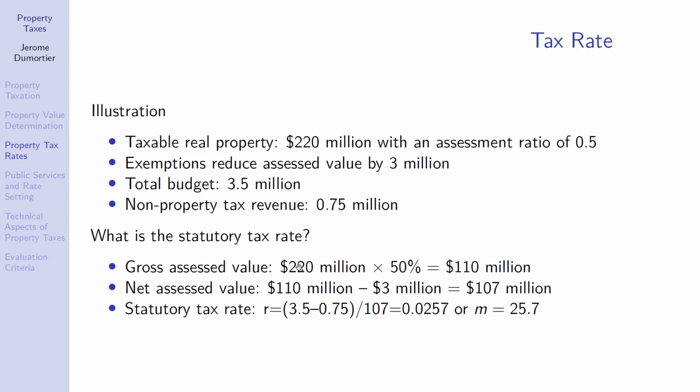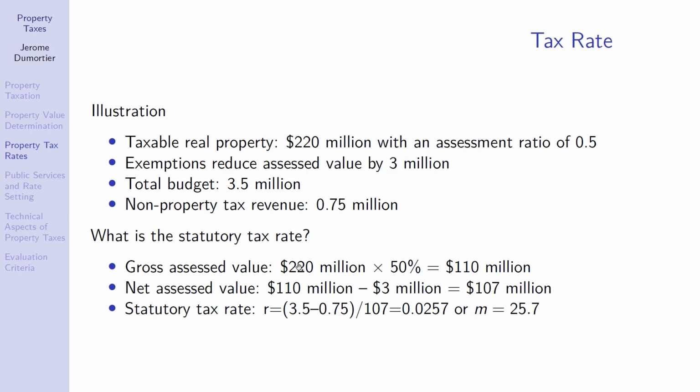Suppose that the assessment ratio is 0.5 and that there are in total about $3 million of exemptions. The total budget is $3.5 million and you have non-property tax revenue of $0.75 million. So what this means is that the tax that you are imposing has to raise $2.75 million.